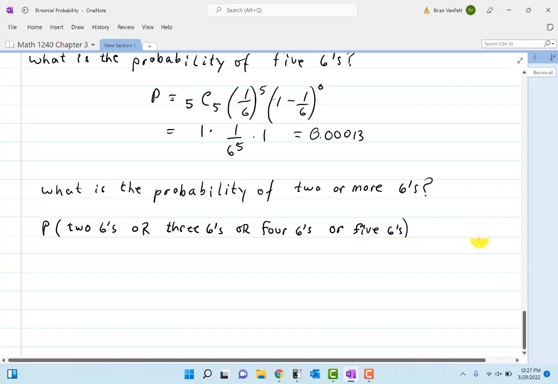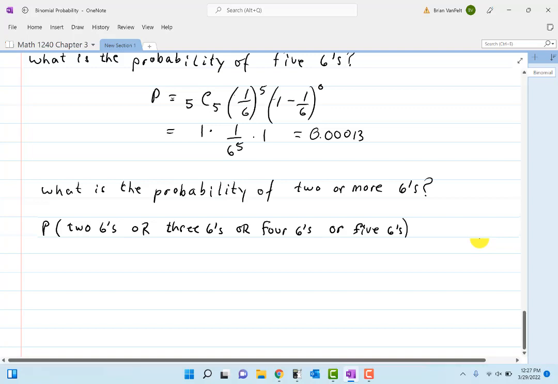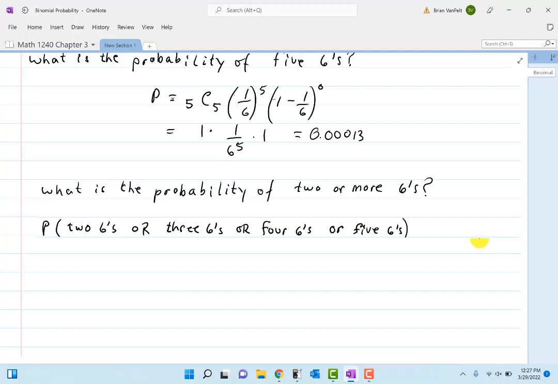Now, when you roll this die 5 times, it's not possible to get 2 sixes and 3 sixes. It simply cannot happen at the same time. So what I'm getting at is each of these 5 outcomes is mutually exclusive.